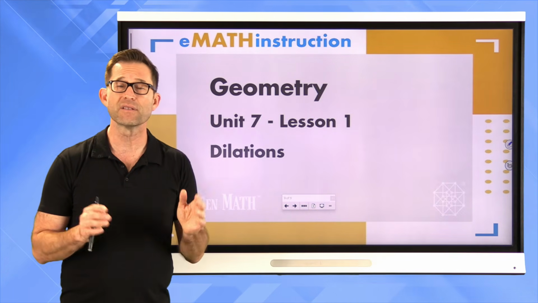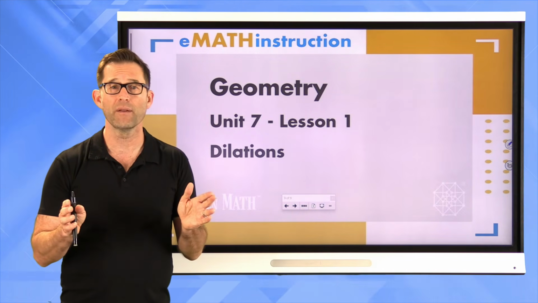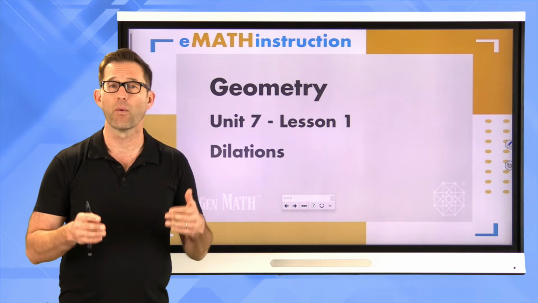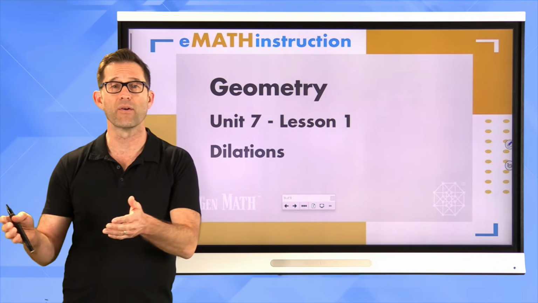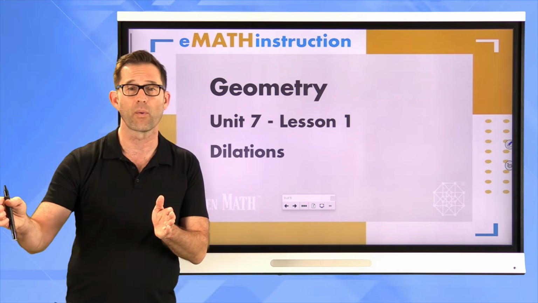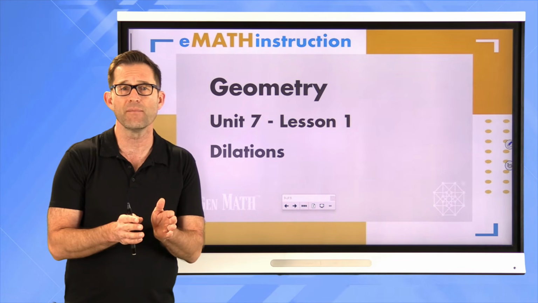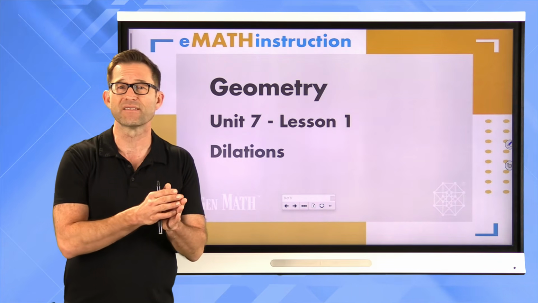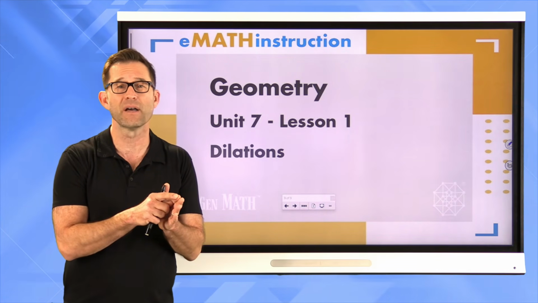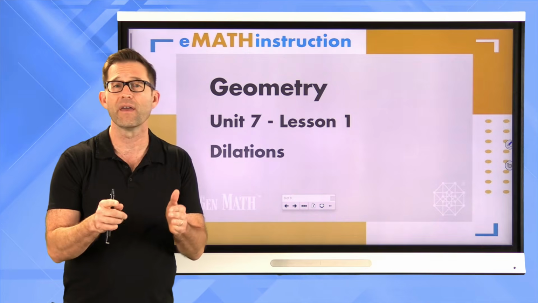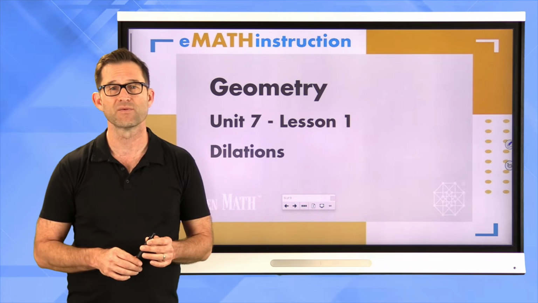I then have that distance from the center to my pre-image point. I multiply that distance by whatever my scaling factor is. It could be greater than 1, in which case the point moves farther away, or less than 1, in which case the point moves closer. Once I have that new distance, I simply measure the distance off from my center of dilation along that ray, and that's where my image point is.